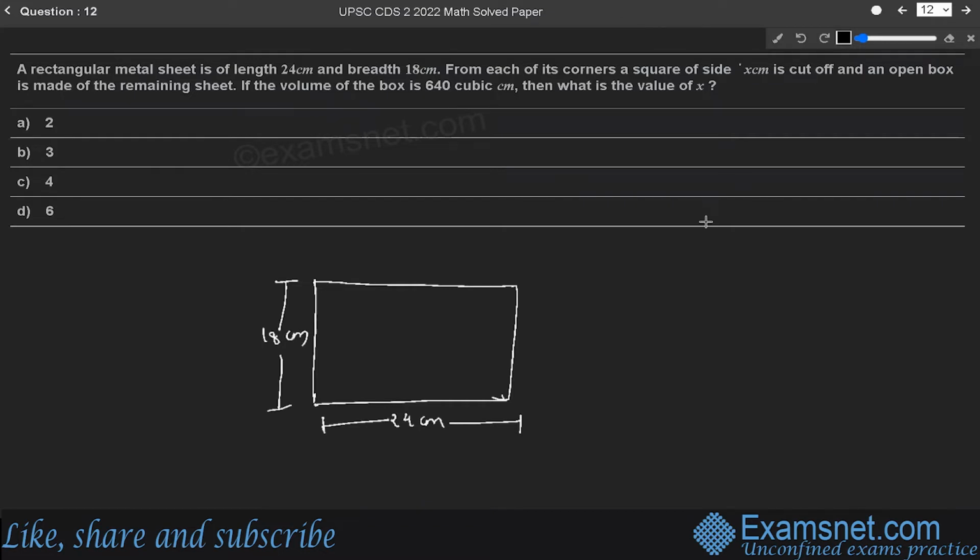From each of its corners, a square of side x centimeter is cut off. From each corner, a square is cut off and the side of this square which is cut off is x. So from every corner, a square of x centimeter is cut off and a new box is formed inside here, which is in the imaginary line.